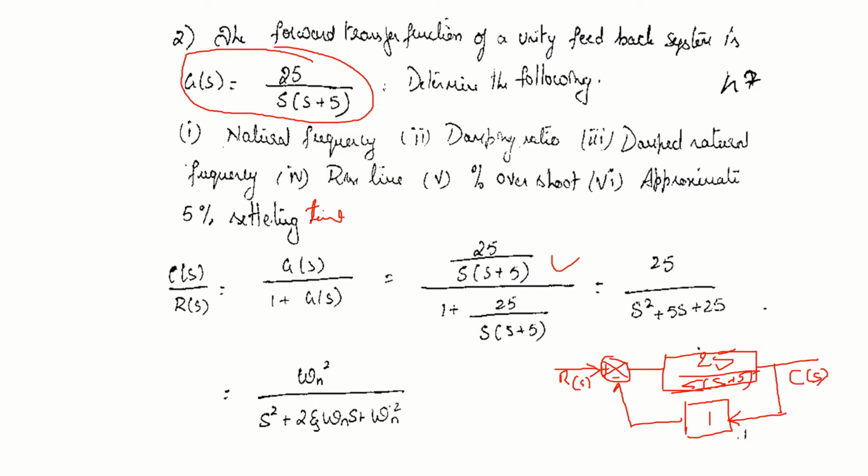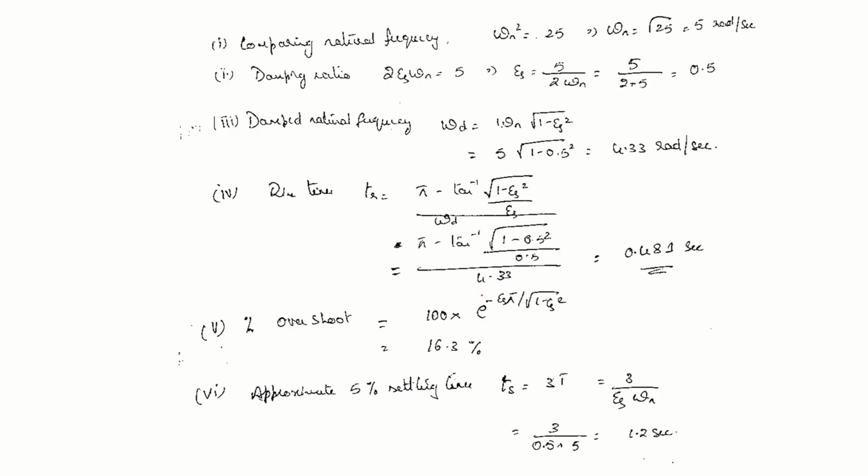You compare with the standard form. So omega_n square is equal to 25, omega_n is 5. Then 2 zeta omega_n is equal to 5. Then calculate zeta. Okay, that becomes 0.5. After that, it is direct substitution. Damped natural frequency is omega_n under root 1 minus zeta square.